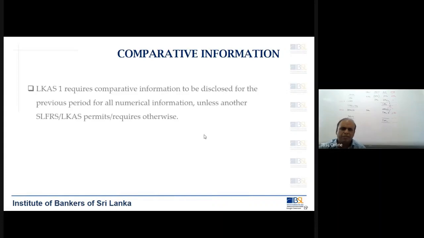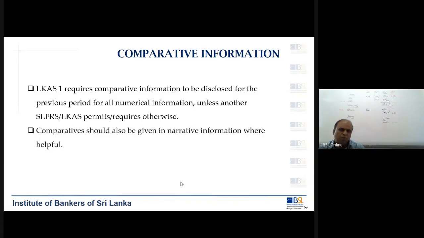Comparative information. LKS1 requires comparative information to be disclosed for the previous period for all numerical information unless another LKS requires otherwise. Okay, so I think we spoke about comparative information when we did the initial introduction for accounting. So you know you have to give the current financial year and the previous financial year.